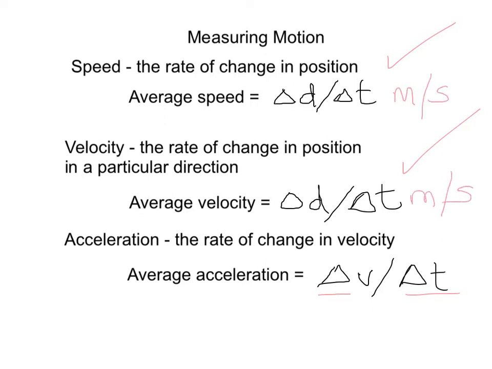For acceleration, your units are going to be meters per second, because that's velocity, divided by seconds. And because that looks weird, scientists have a shorthand way of writing that. So we write it like this: meters per second squared. Now you might be wondering, where'd the squared come from?